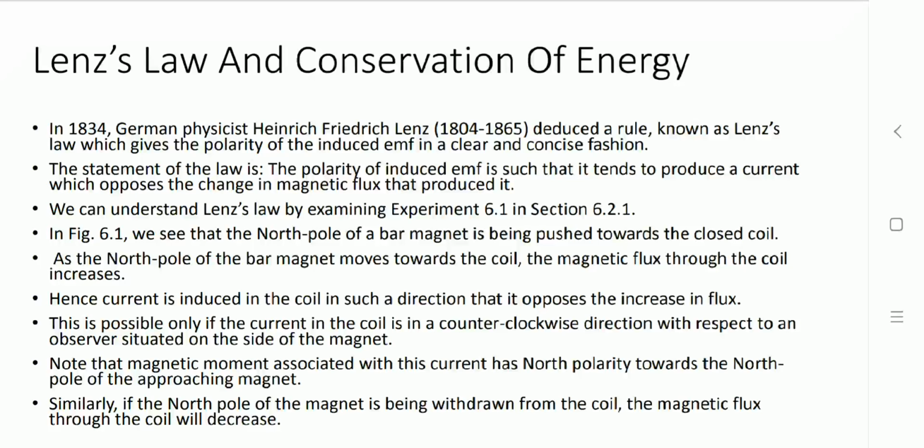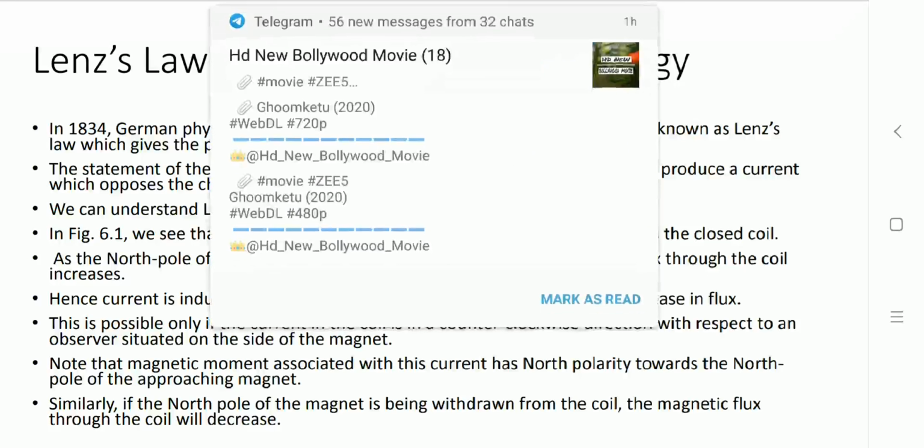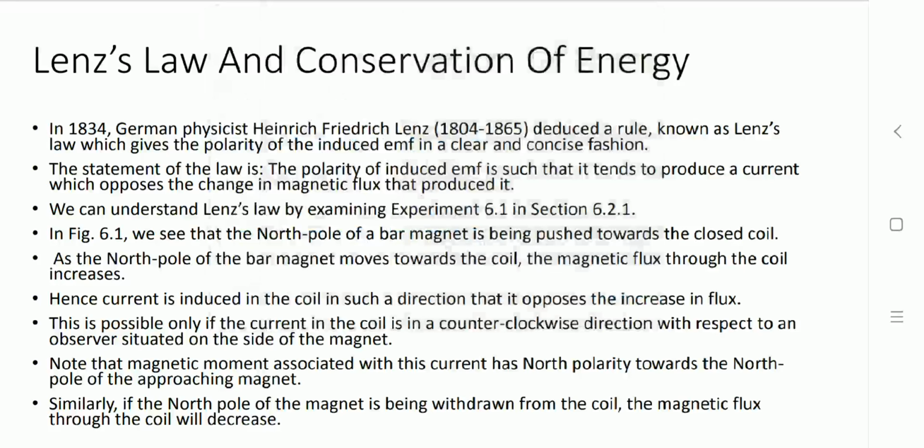So initially in the first experiment, we kept the north pole towards the coil and we are pushing that bar magnet towards the coil. In that particular case, whatever magnetic flux is generated, the generated current will oppose that magnetic flux.